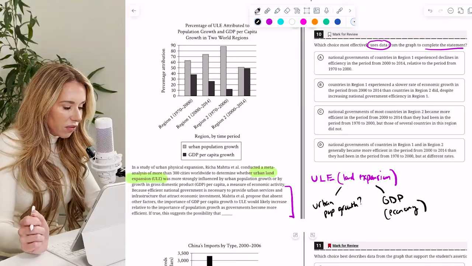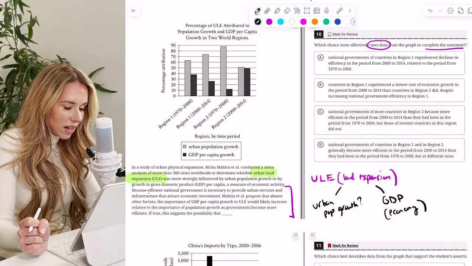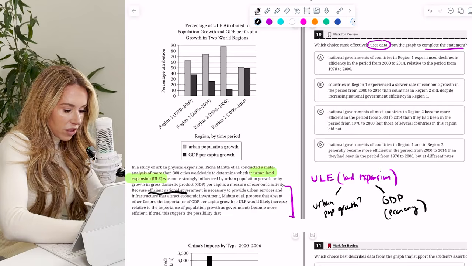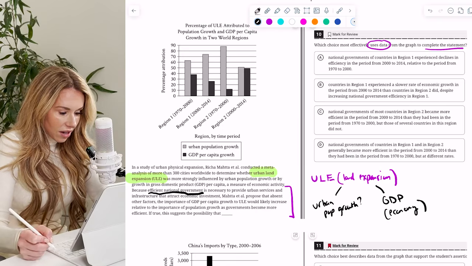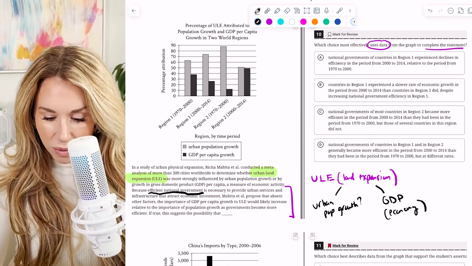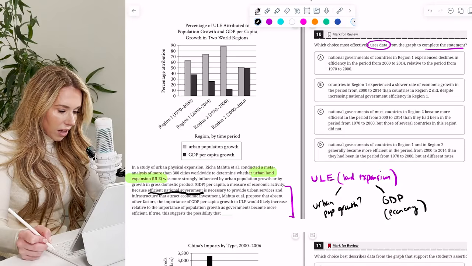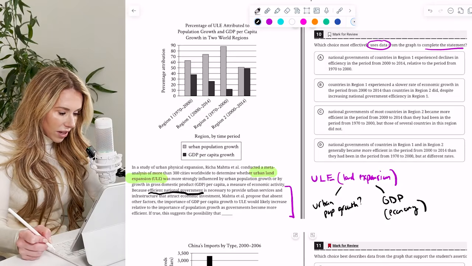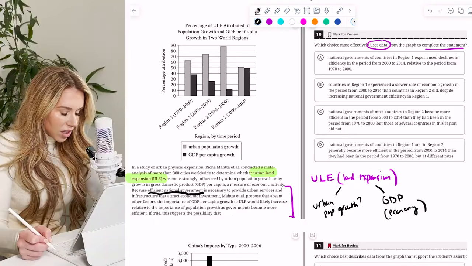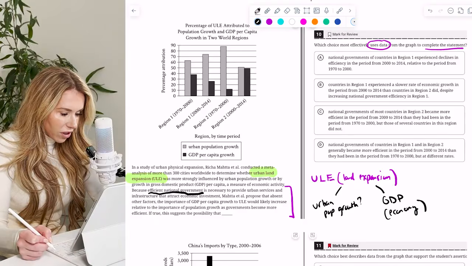So it says, because efficient national government is necessary to provide urban services. Okay, we need efficient national government. That's necessary. It says they propose that absent other factors, the importance of GDP per capita growth would likely increase relative to the importance of population growth as governments become more efficient.